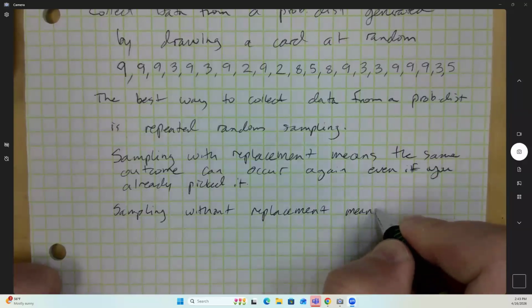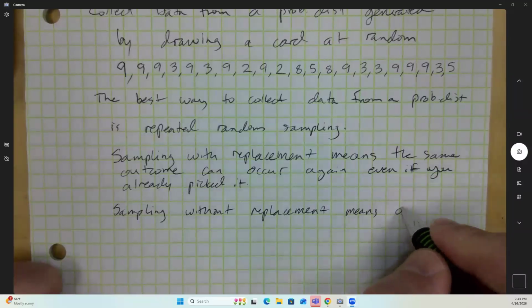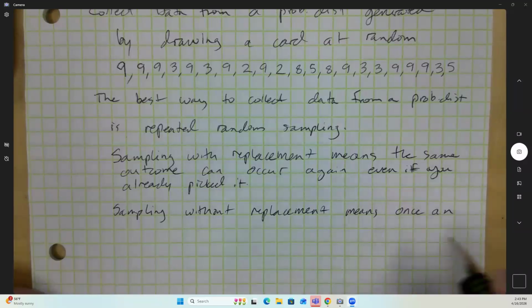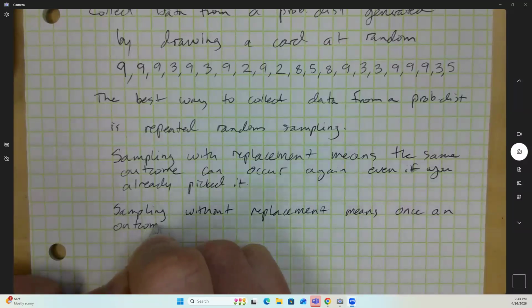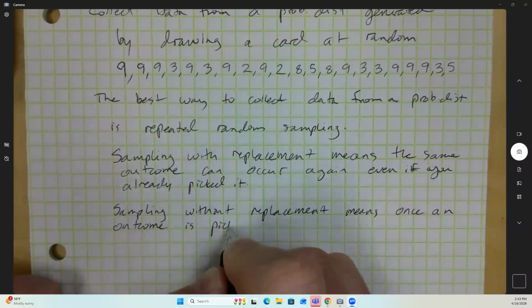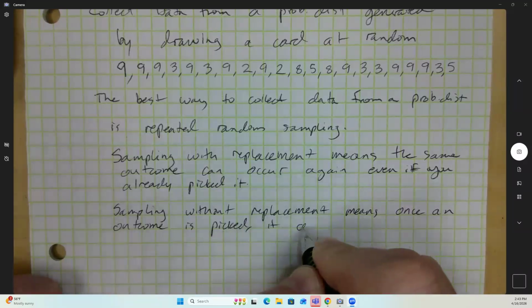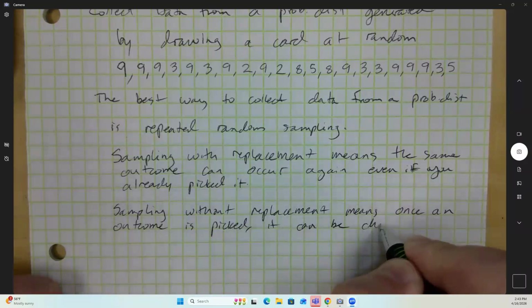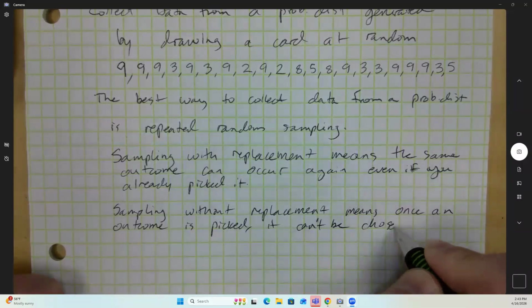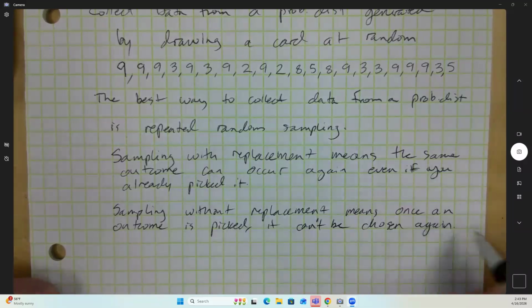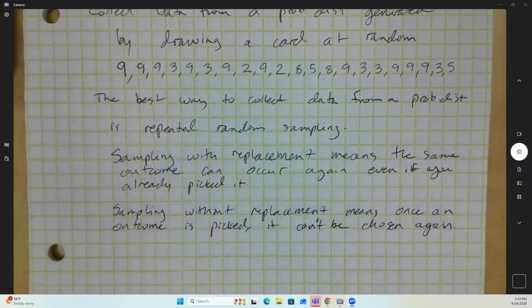This means once an outcome is picked, it cannot be chosen again. This changes the probability distribution every time you sample. So it's not a great way to understand a probability distribution.